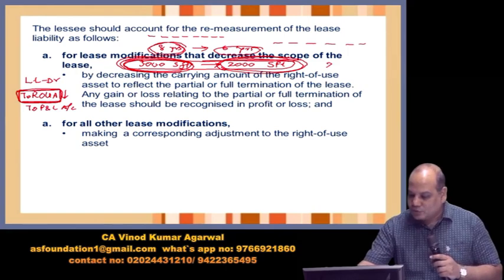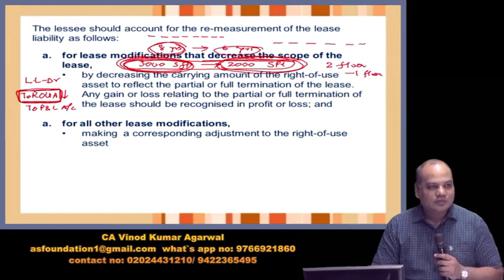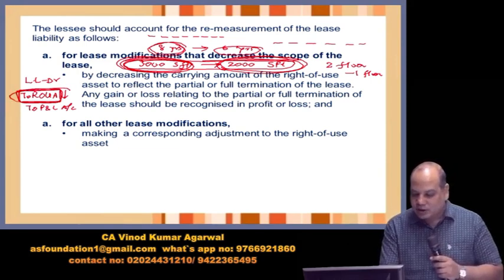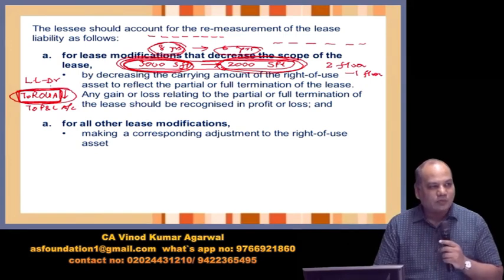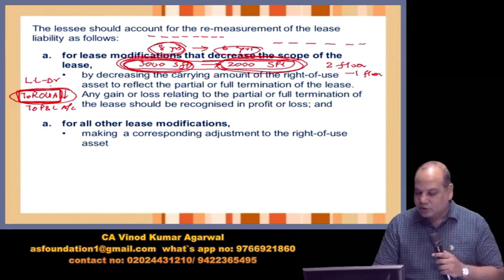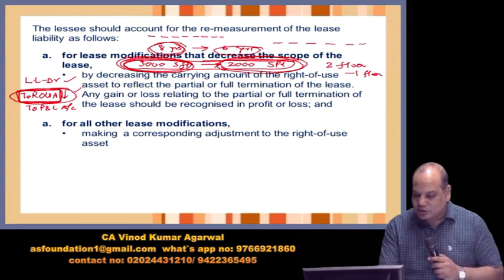If there were 2 floors and now one floor we have returned, now only one floor is left. Assuming that everything else is the same, we will reduce the carrying amount of this right of use asset proportionately, meaning it will become 1 by 2 now. Is it right? And that is why the gain or loss will arise. These two figures will not be the same.